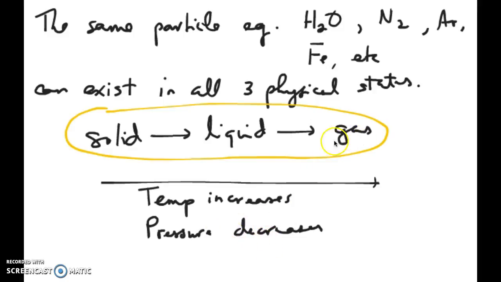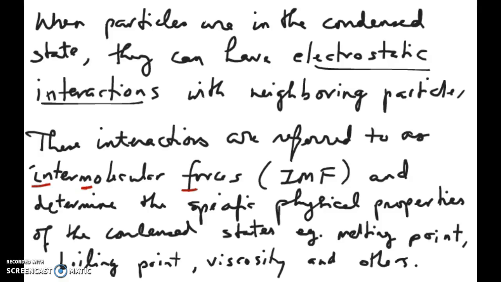As you have fewer and fewer particles, pressure decreases, then the strength of that intermolecular force becomes weaker and weaker compared to the pressure that's exerted. And at some point, the intermolecular force is no longer able to hold the molecules together, and we get a gas phase.